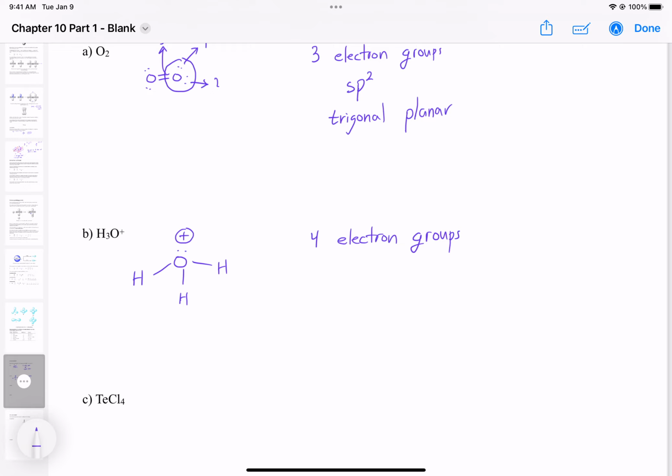Okay, and then it's going to be sp3 hybridized. All right, and then we would call this a tetrahedral geometry. So that's pretty much all we need to be able to do for elements and compounds like this. Okay, let's move on to the next example, tellurium tetrachloride.